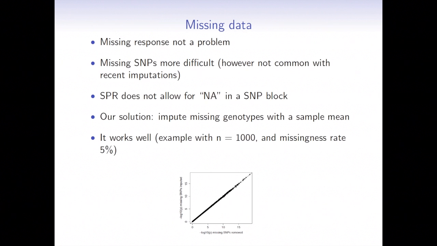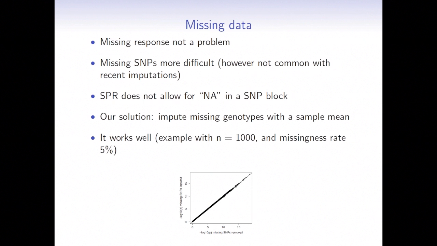I want to mention a little bit about missing data. Once you have a missing response, it's not a problem, because that means the whole individual is just removed from the analysis. But missing SNPs are more difficult to handle, because in principle you can't have any NA in the SNP matrix, because once you have any NA, the cross product will return an NA value for that beta.